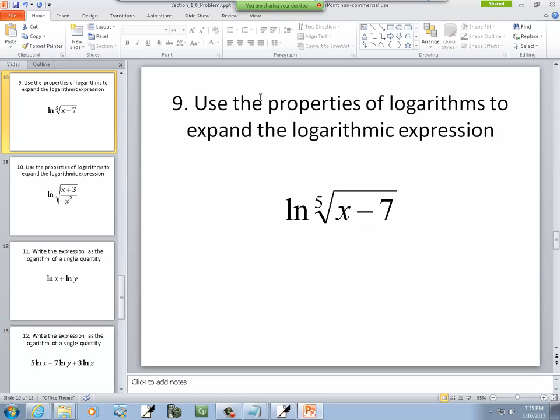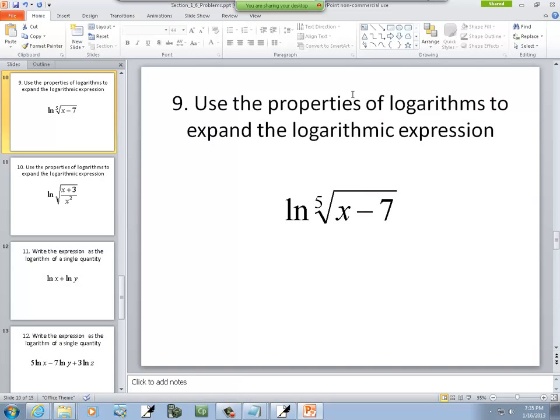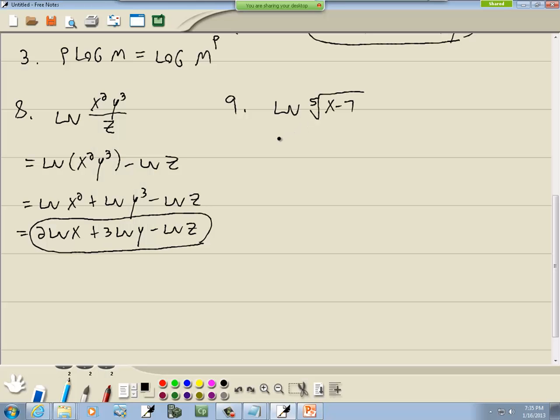Number 9. We've got natural log of the fifth root of x minus 7. Same instructions, expand. Whenever we have radicals, when we're working with logs, we want to rewrite them in fractional power form, rational exponents. So this becomes the 1/5 power. Whatever number is in this little slot, that's your index, that goes in your denominator.